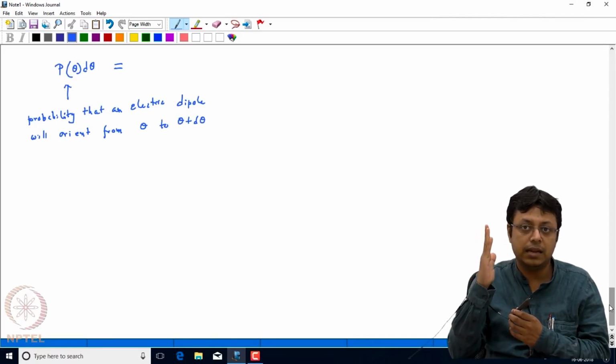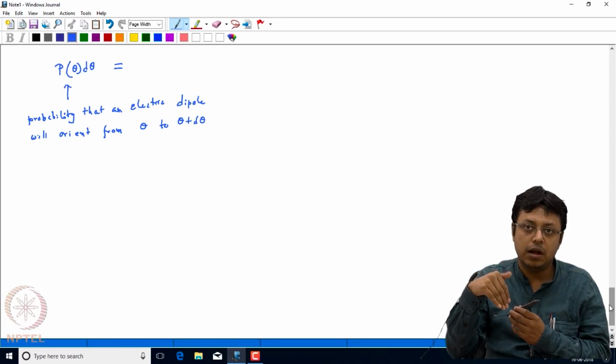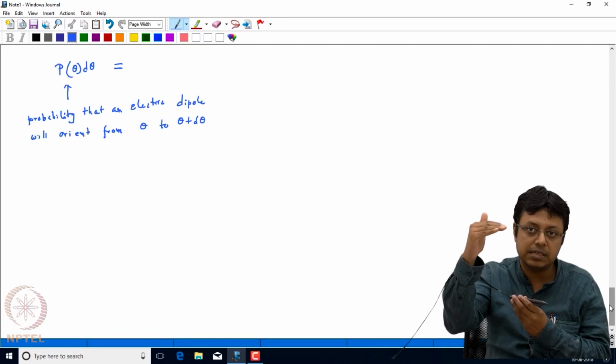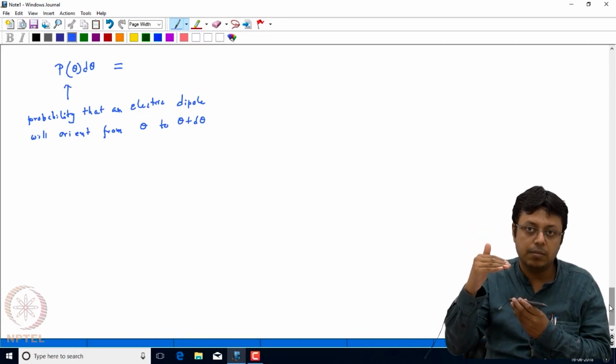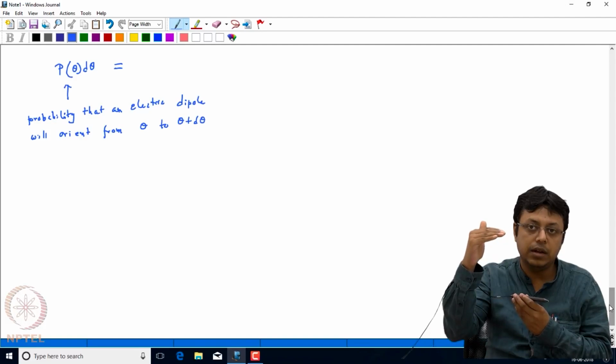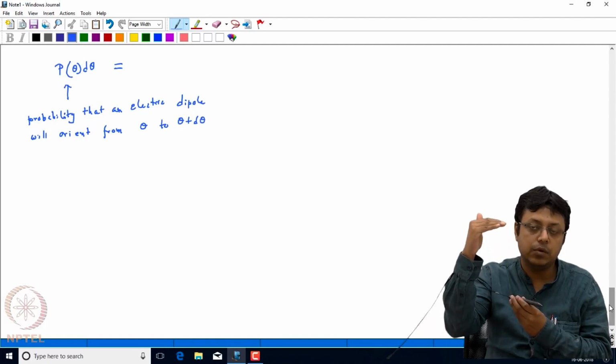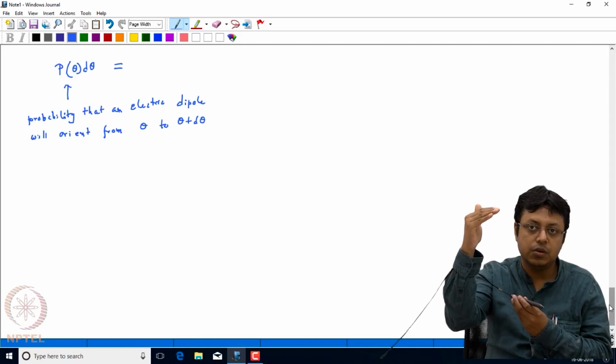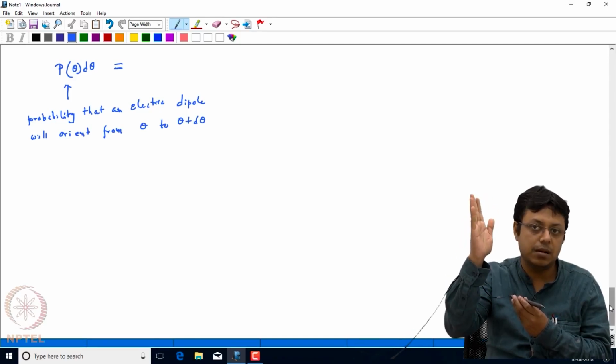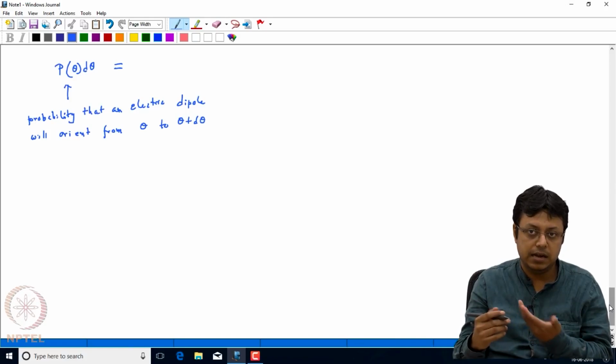One is aligning along the field and one is aligning opposing the field. In one case the energy will be minus mu e, because with respect to the baseline it is going down, cos theta is 0 degree. And then the other orientation will be when theta is 180 degrees, so cos 180 degrees will be minus 1. So the energy will be plus mu e. So that's a higher energy.